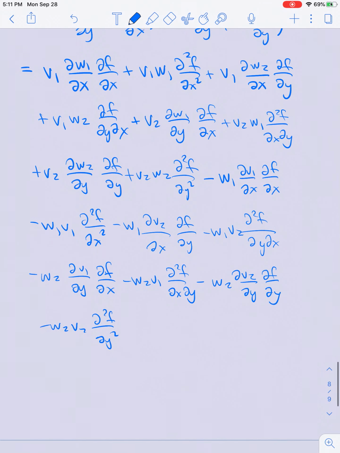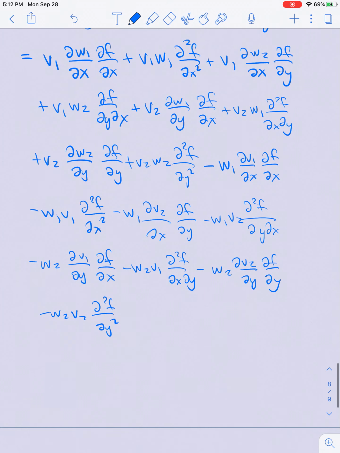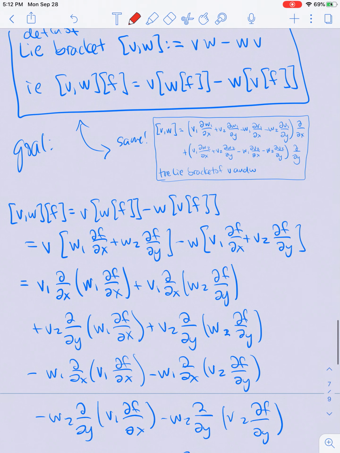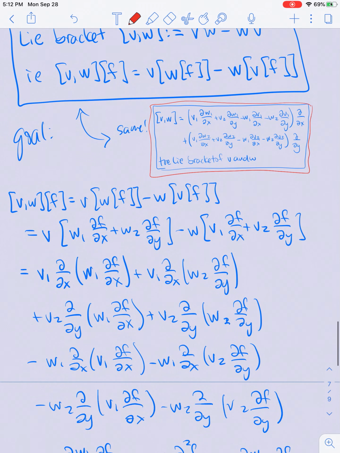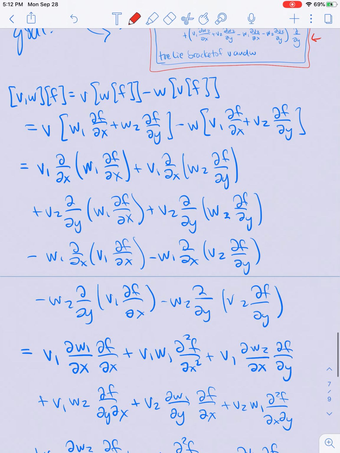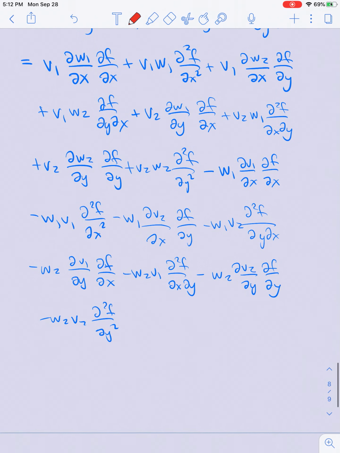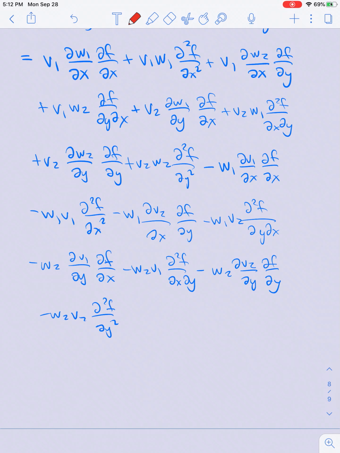Okay, so now we get to go through and cancel things out. There shouldn't be any second derivatives of f, right? Because I'm getting a vector field. So when I apply it to a function, I should not see any second derivatives. And luckily, all of those go away.